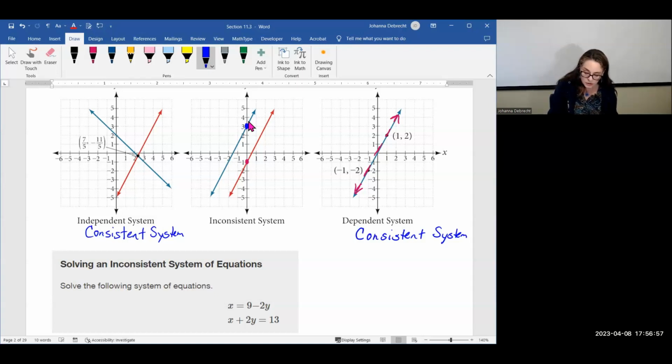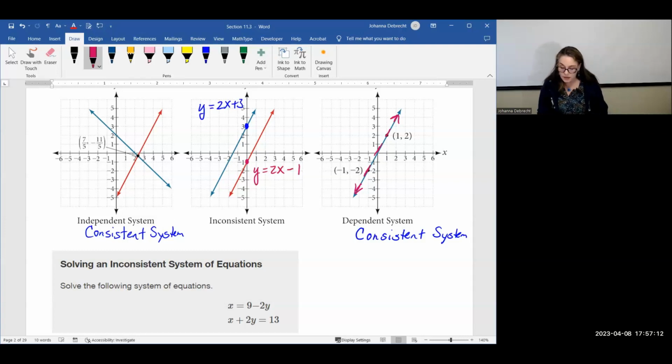How would we know by looking at the equation? Well, the blue line has a slope of 2, but it crosses at 3. The red line also has a slope of 2, but it crosses at -1. In slope-intercept form, that y equals mx plus b form, I cannot hide from you what the situation is. So a lot of students say, I'm going there first.